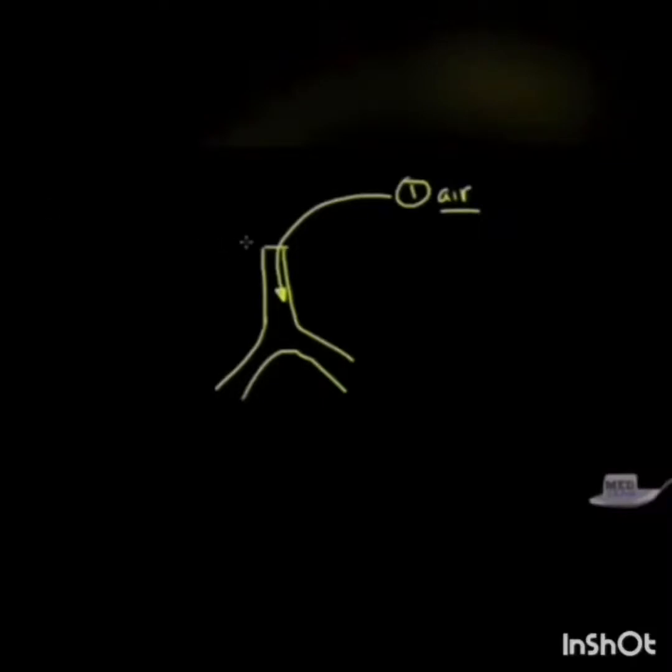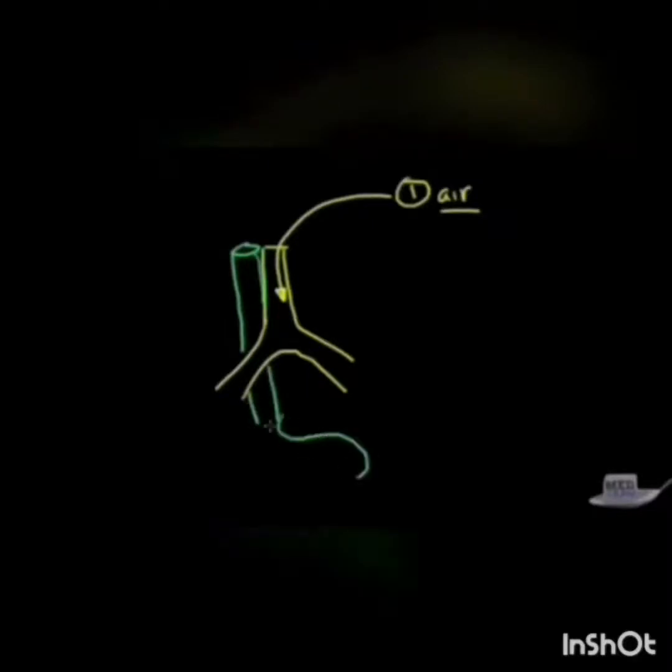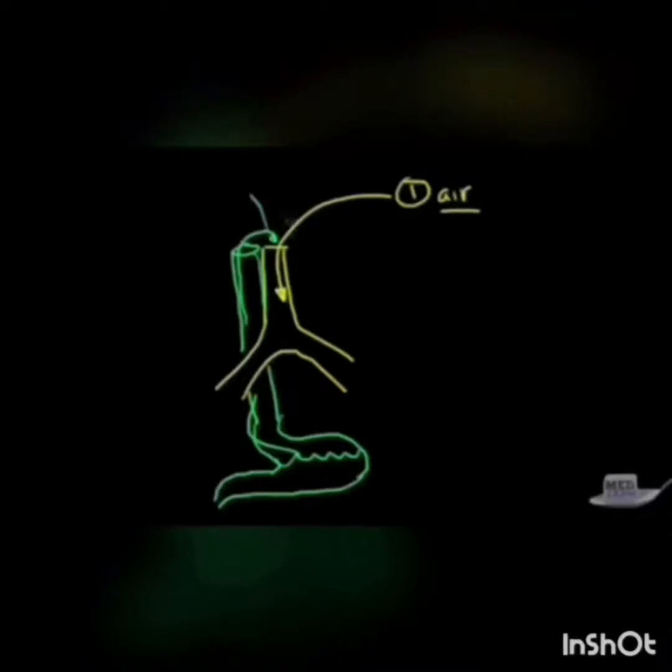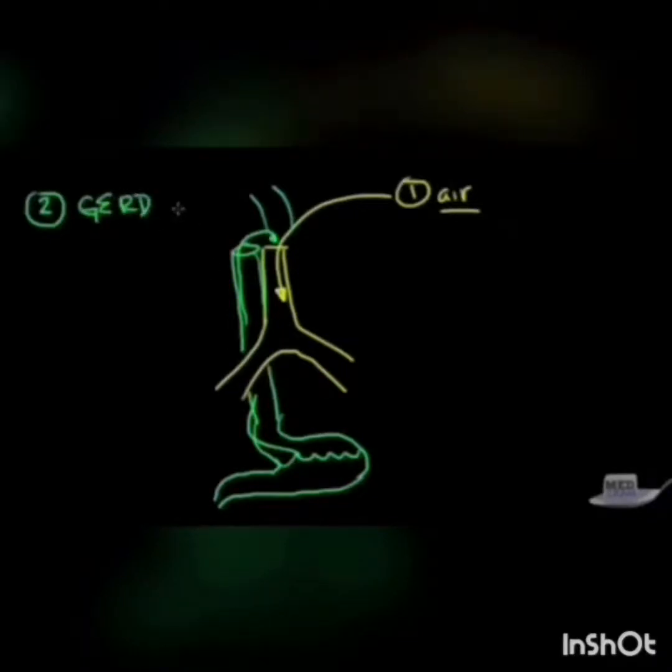Well, there's a tube that sits right next to the trachea, which goes down to the stomach, called the esophagus. And sometimes stuff in the stomach can reflux up and irritate the airway that continues up. So another thing that can cause this is gastroesophageal reflux disease. That can sometimes cause symptoms of asthma.